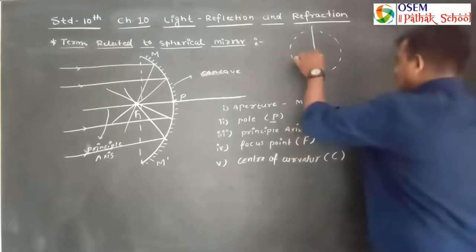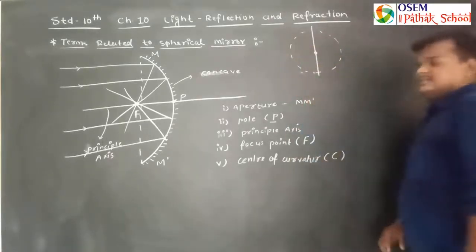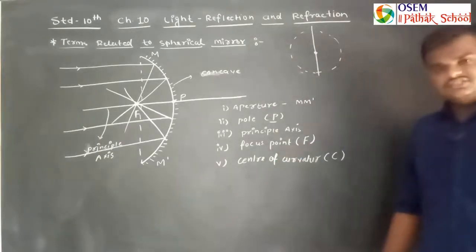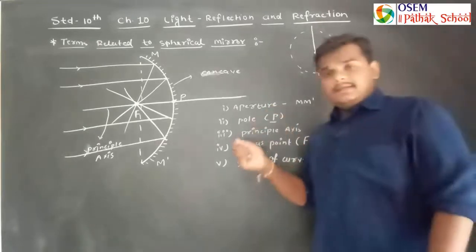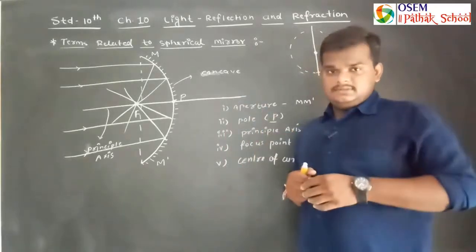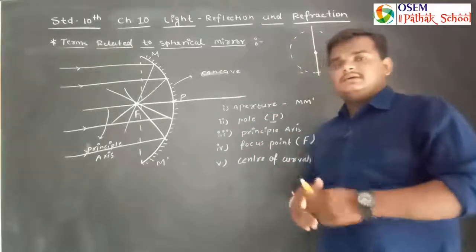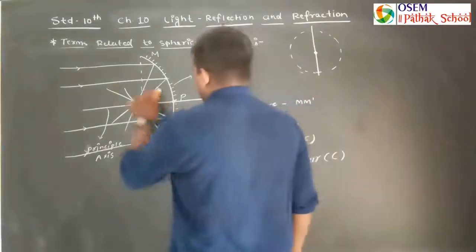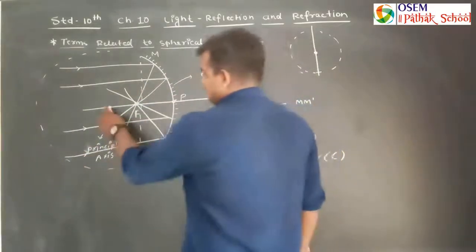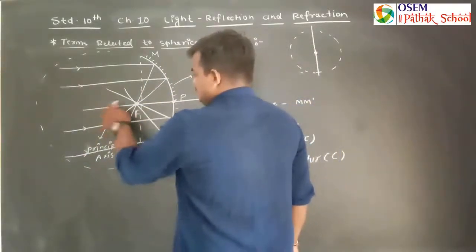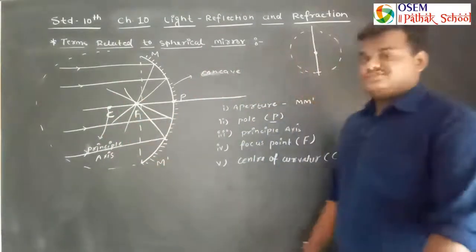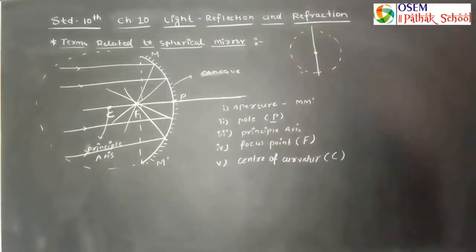The center of that sphere is known as the center of curvature. So we can define it as: a spherical mirror is a part of a hollow sphere, and the center of that sphere is known as the center of curvature. When I join it here, it forms a sphere, and the center of this sphere will be here. So this is our center of curvature, denoted by capital C.